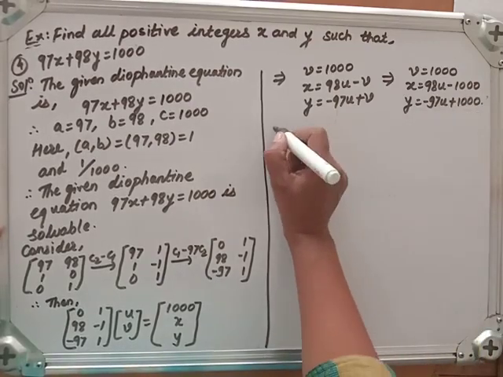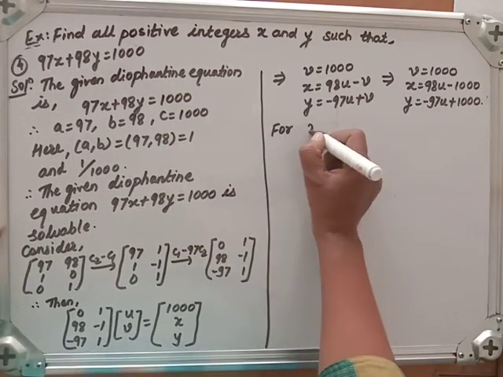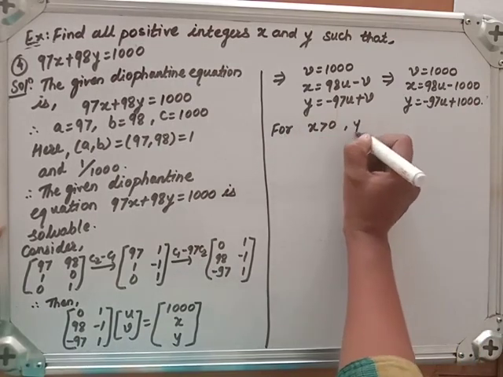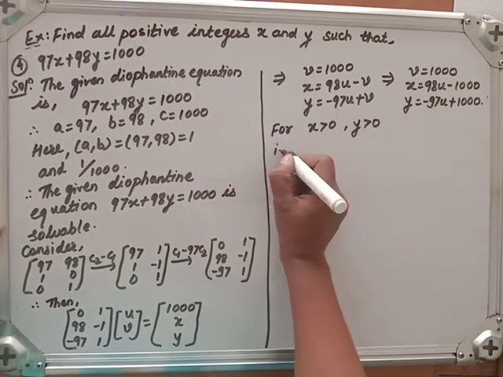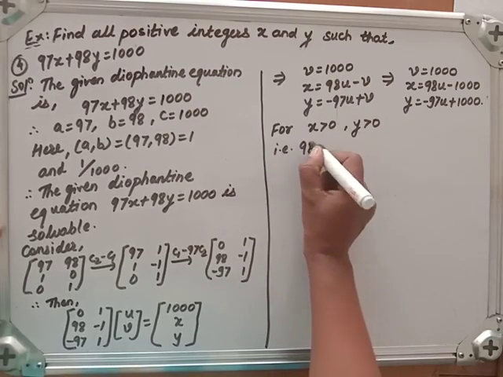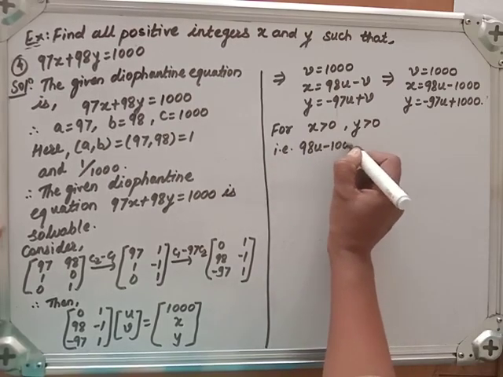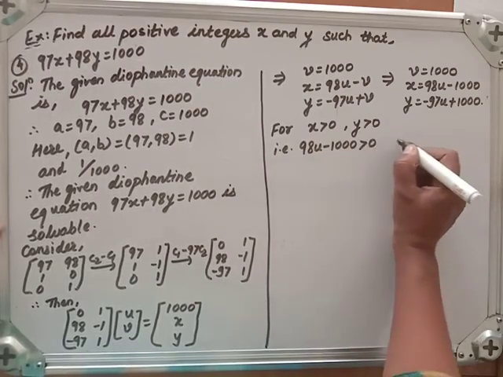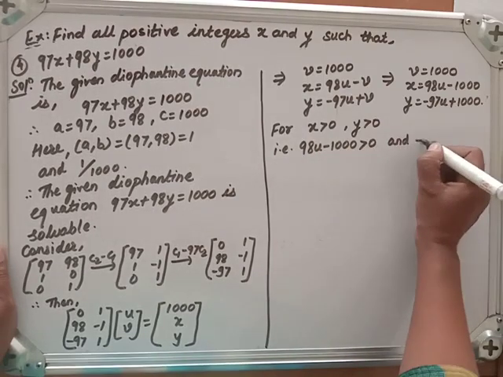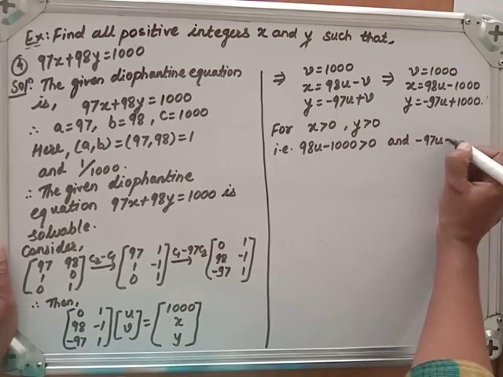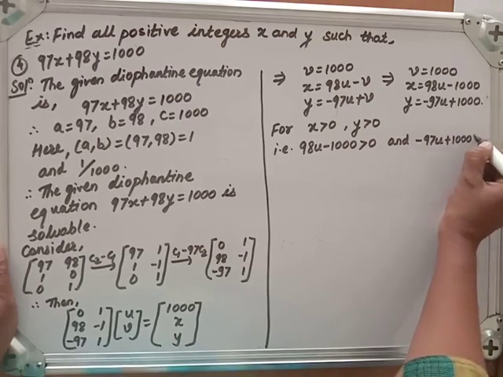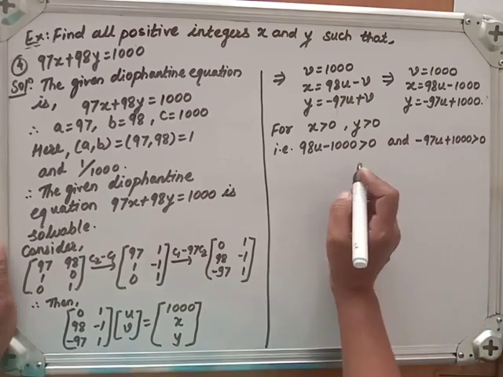For x greater than 0, y greater than 0, that is 98u minus 1000 is greater than 0 and minus 97u plus 1000 is greater than 0.